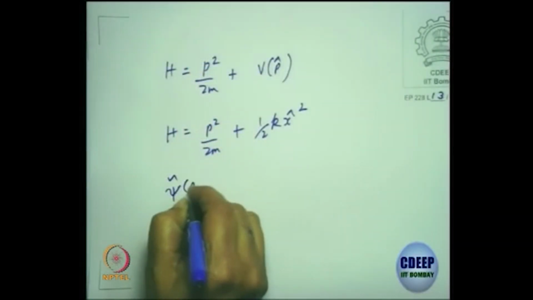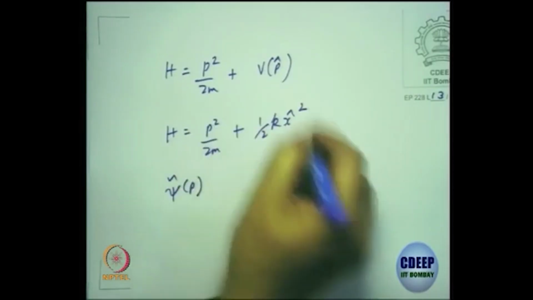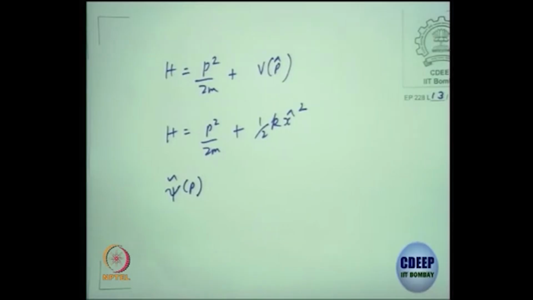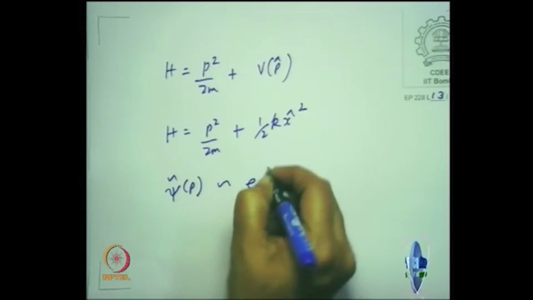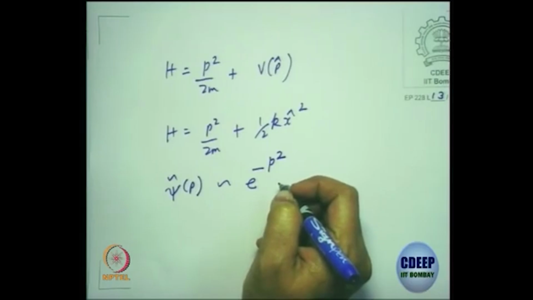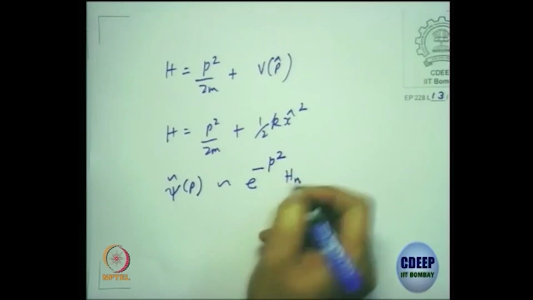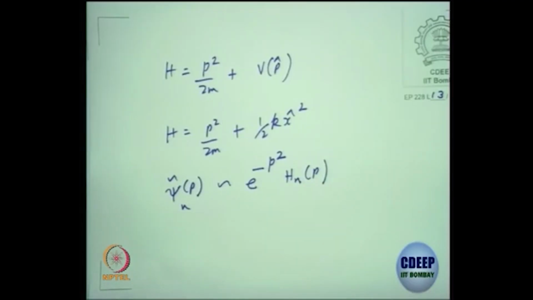It is symmetric in p and x. So if you try to write what is the psi tilde of p, the form, apart from these factors of k and m, will go like the same form, times you will have a Hn of p, apart from those factors of m and k, which are required to make it appropriately dimensionless.